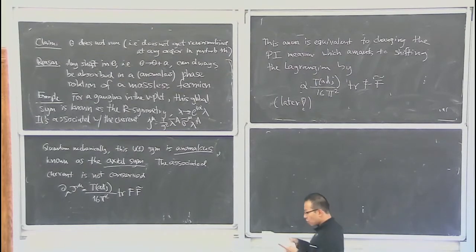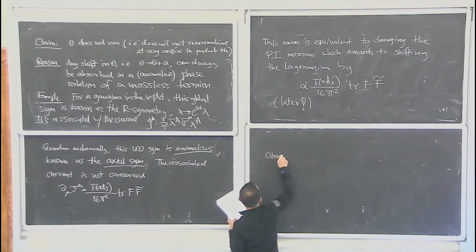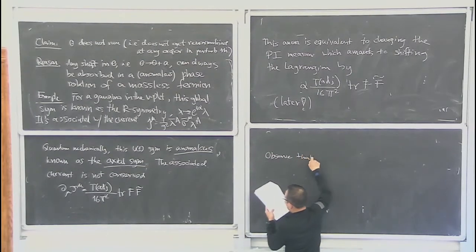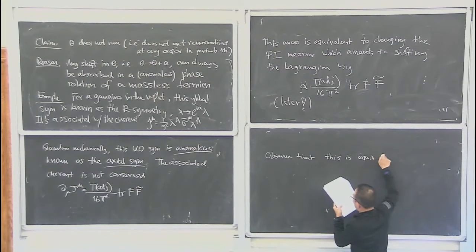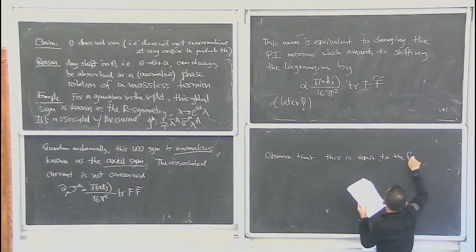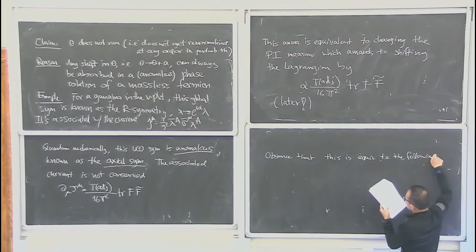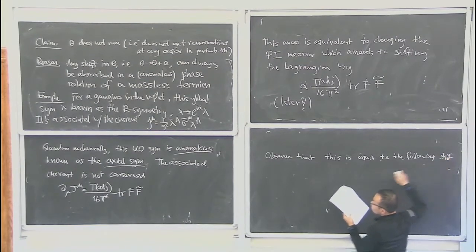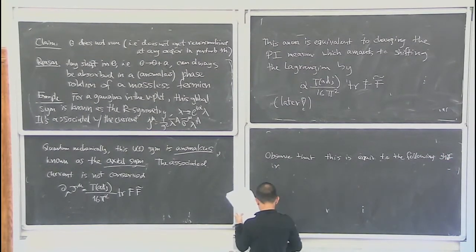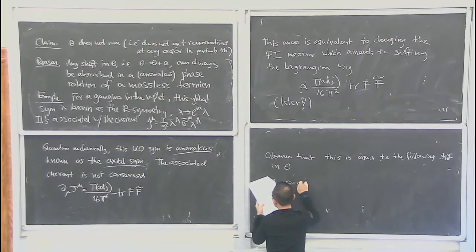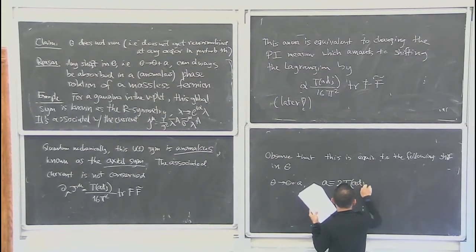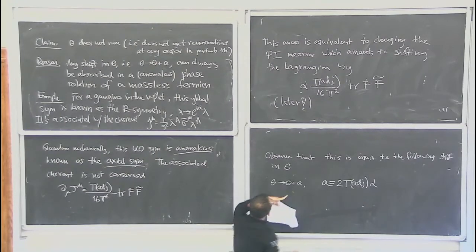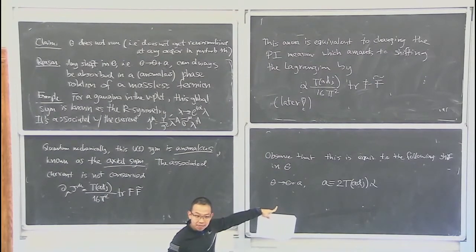Observe that this is equivalent to the following shift in theta, where theta goes to theta plus a. With a, you can identify it as 2 times adjoint times alpha. So this is how you relate that alpha to this a.